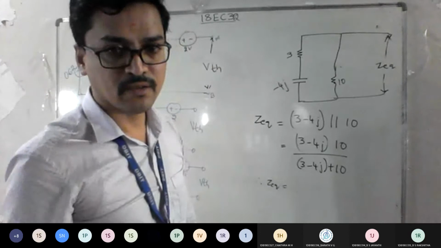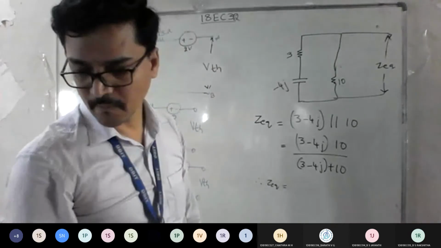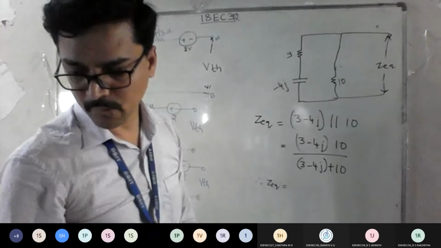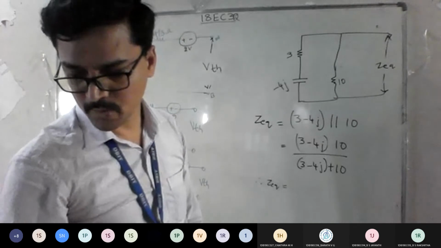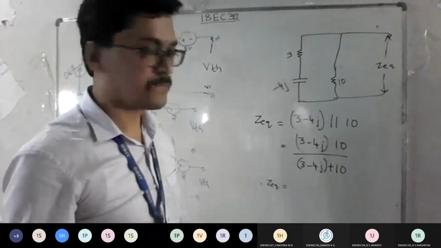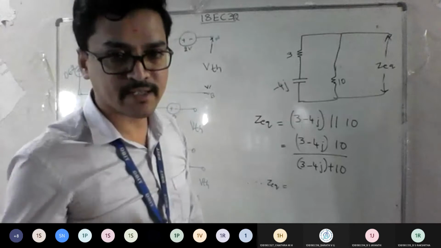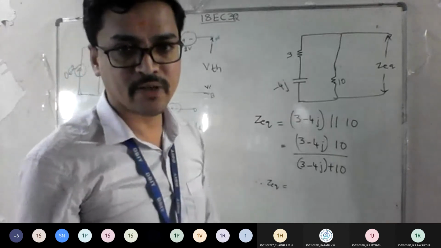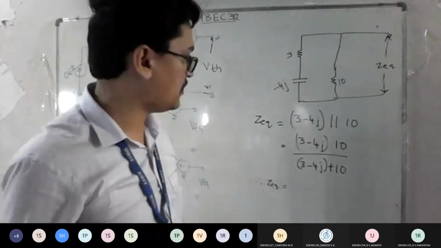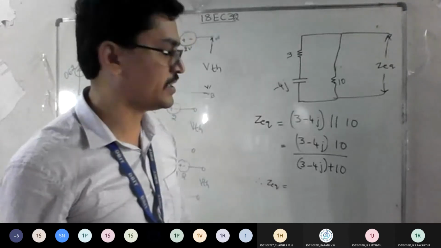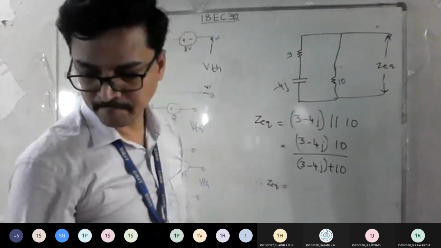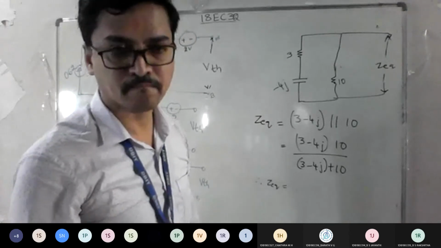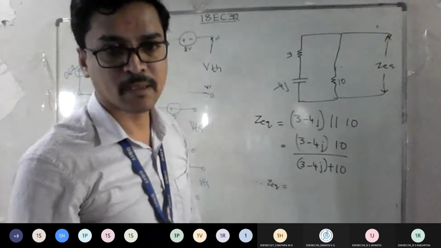Apply the complex mode in the calculator and you can check. You get the answer in rectangular form. If you keep the mode in the calculator, you can tell the answer in polar form as well.